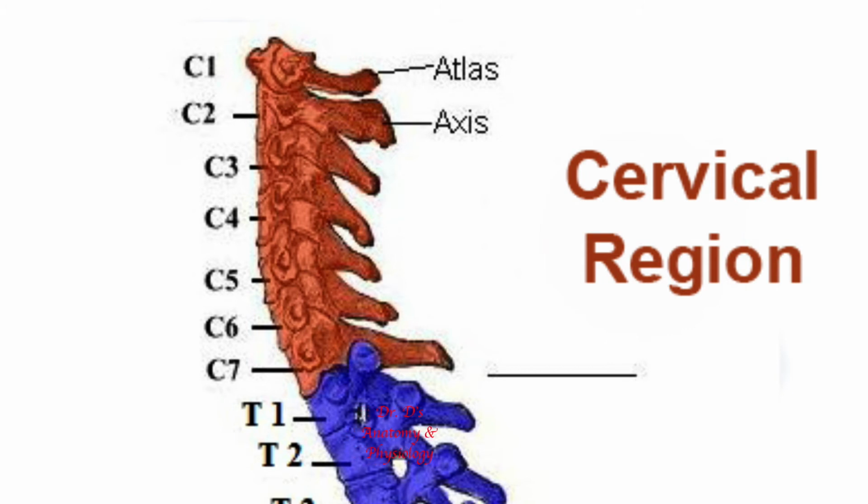This is something that's very consistent. Not only do you see this being consistent in humans, but you also see this consistent in mammals. If you look at just about every mammal, including large mammals like a whale, or you look at a giraffe, or you look at a mole, and you look at the number of cervical vertebrae, you'll always see 7. So this is a very consistent number.